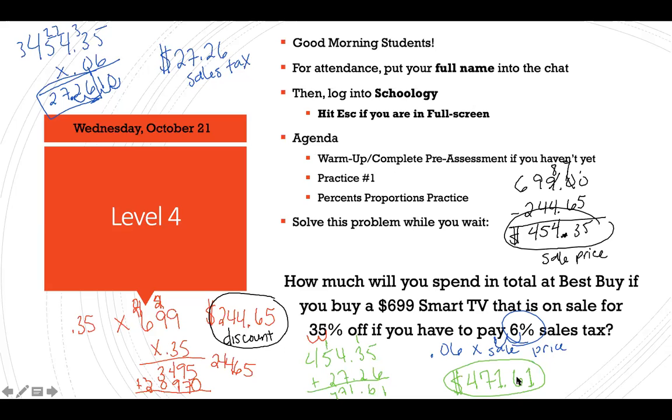So the important parts here of the process. Remember that we cannot use a percent when we're doing our math. We always have to turn the percent into a decimal. We turn the percent into a decimal by moving 2 places to the left. If there's no decimal in the percent, you start at the end of the percent and just go 2 places to the left. Sometimes that means you have to add a 0 before the number, and that's okay.